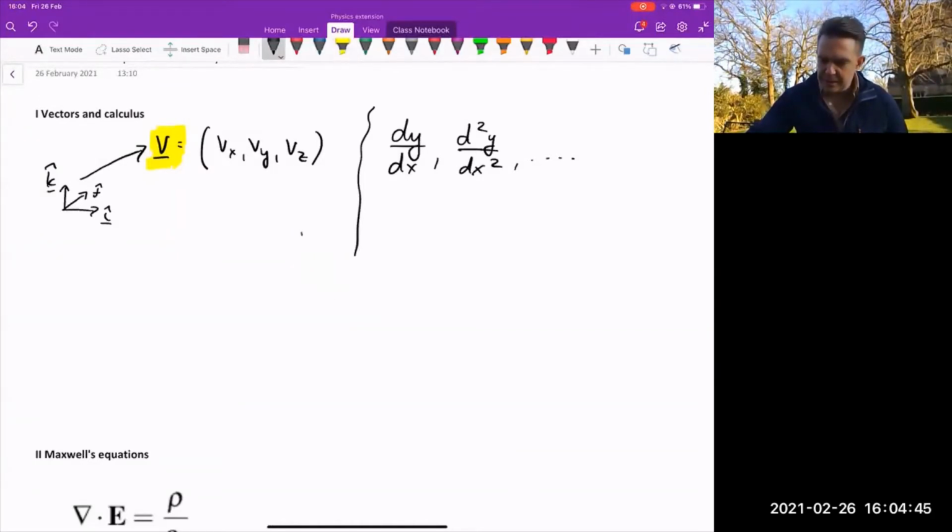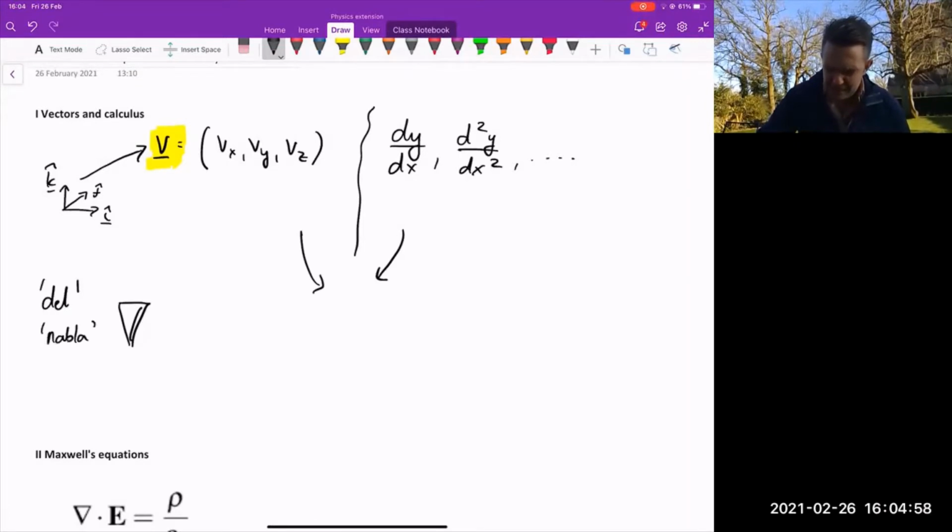I'd like to introduce you to a symbol, this symbol. This is called del or nabla. You'll see it sometimes. It's like an upside down delta, isn't it?